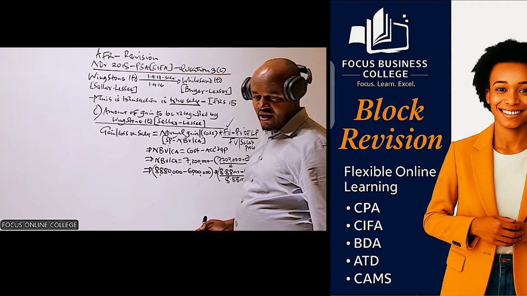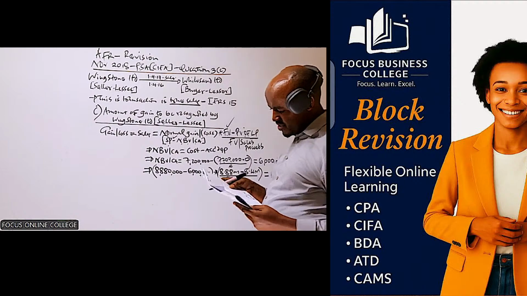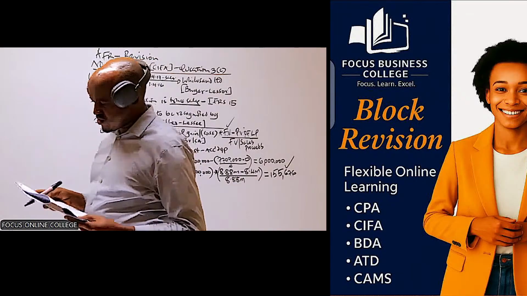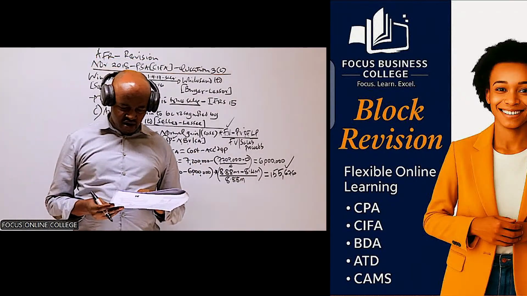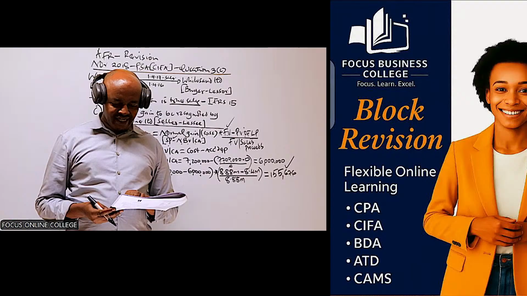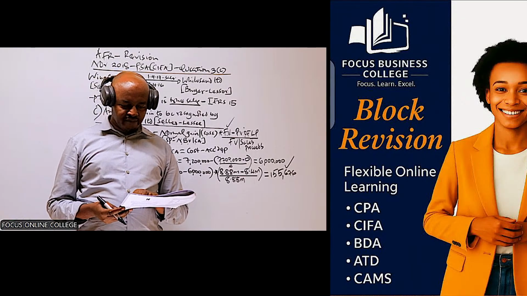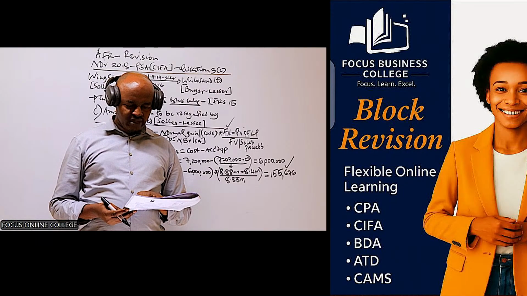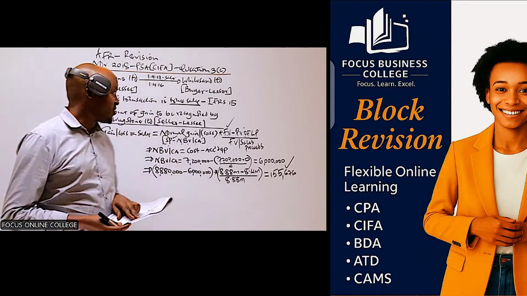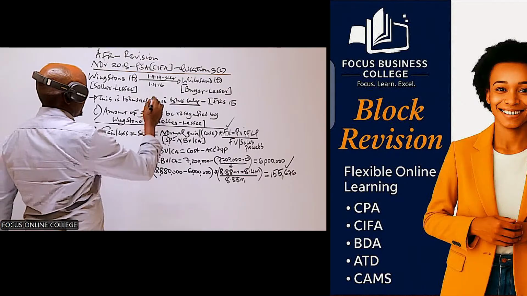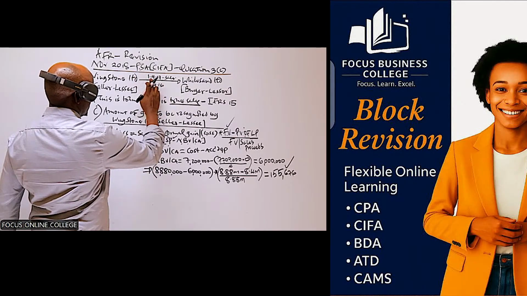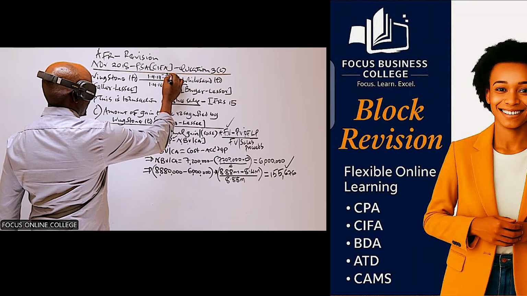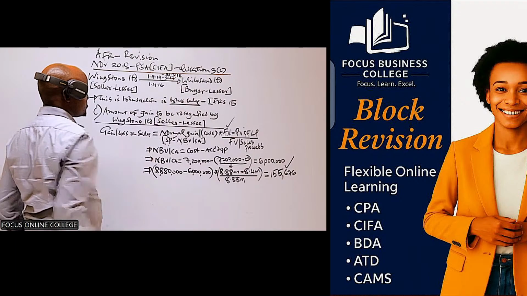Then Roman 2, Roman 3 of the question: we are required to prepare extracts of financial statements of JH Limited for the year which ended 31st of March 2018. Basically, this should be the end of the first year, because this asset was actually sold on this date, so this year will end on 31st of March 2018.